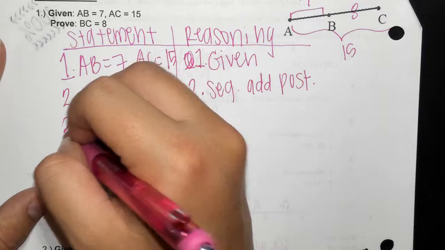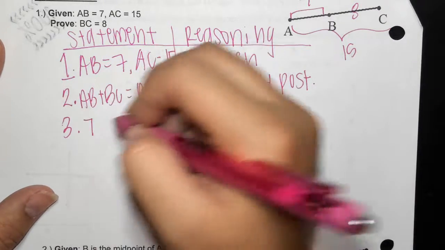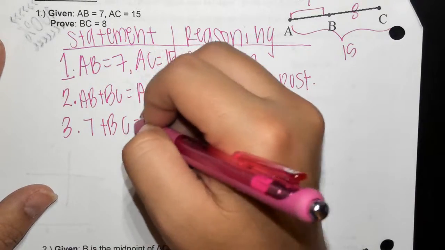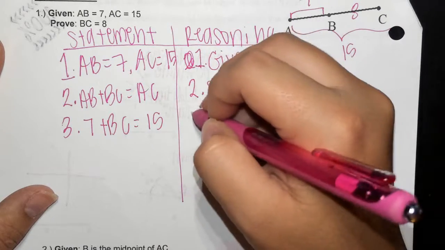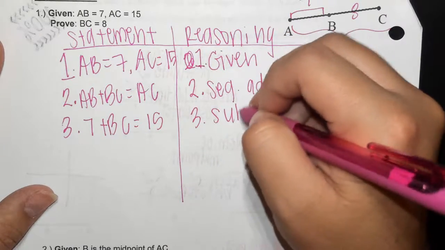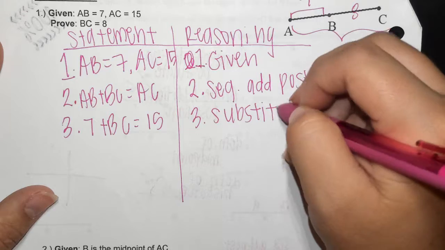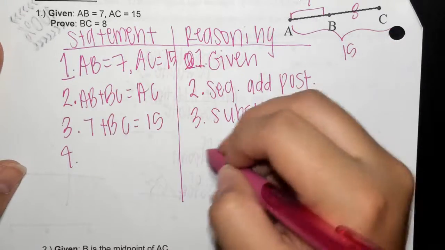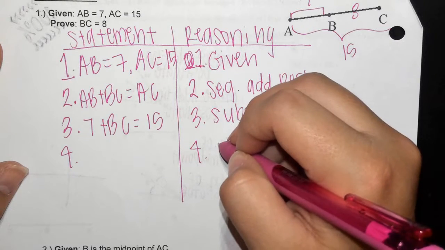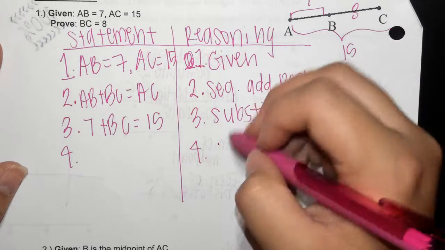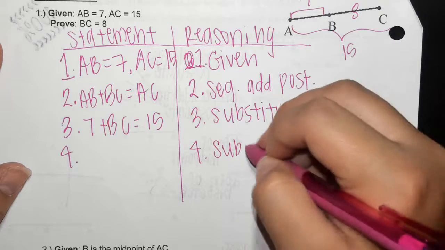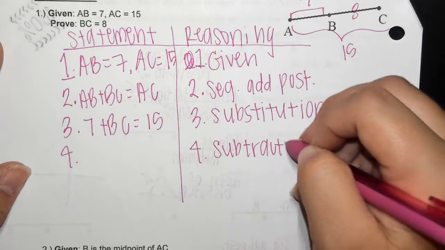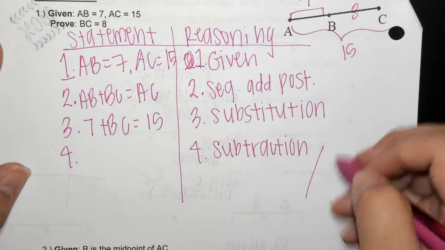So step 3, I would plug it in. So you get 7 plus BC equals 15. What's 4? Did we prove that BC is equal to 8? Yeah. We're done.